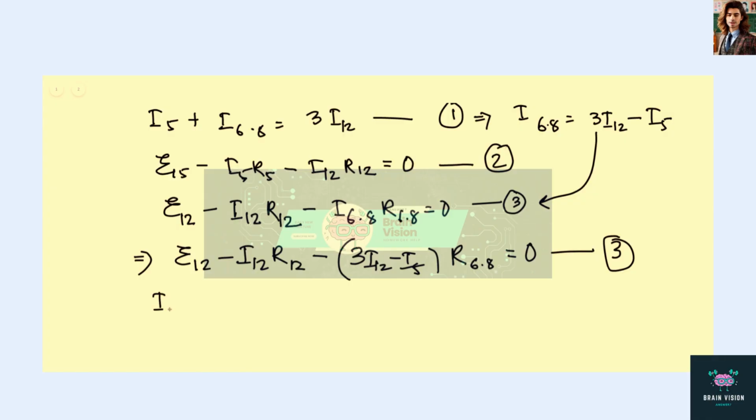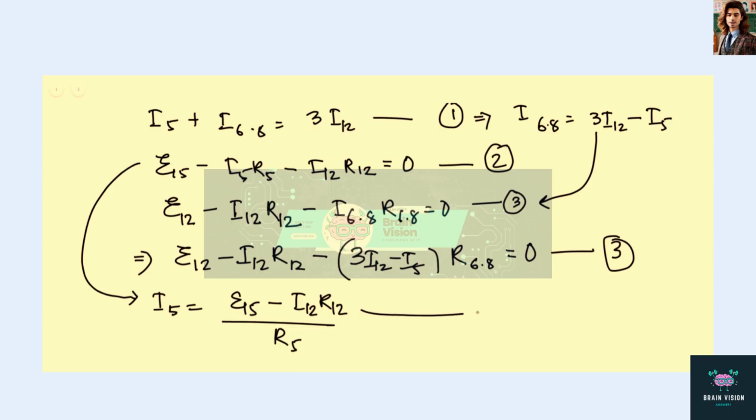So let's say we eliminate I5. We express I5 using equation 2. From that we have this, and we will plug this into equation 3.